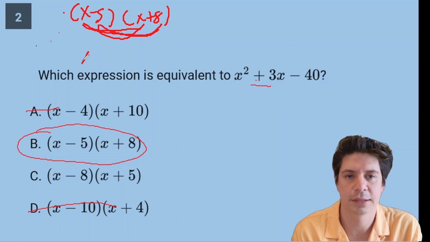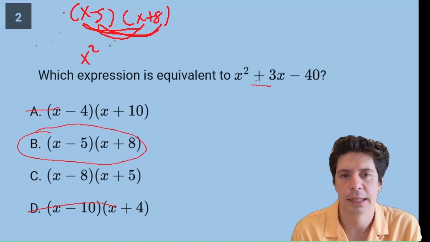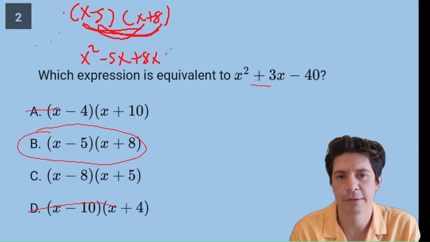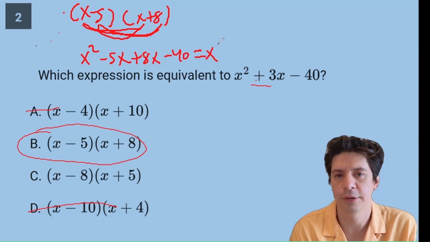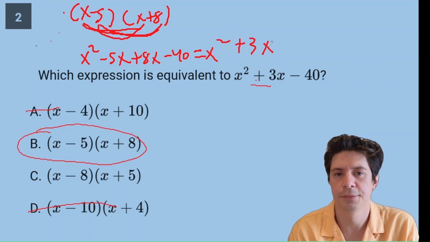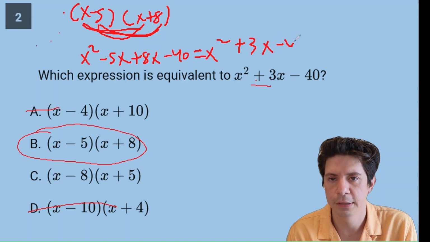So x times x is x squared. Negative 5 times x is negative 5x. 8 times x is 8x. And then negative 5 times 8 is negative 40. And that gets us x squared plus 3x minus 40, which is exactly what we want, right?